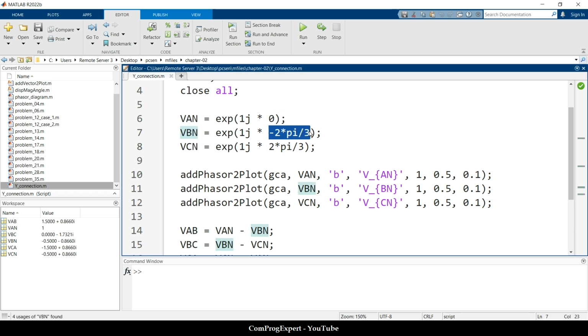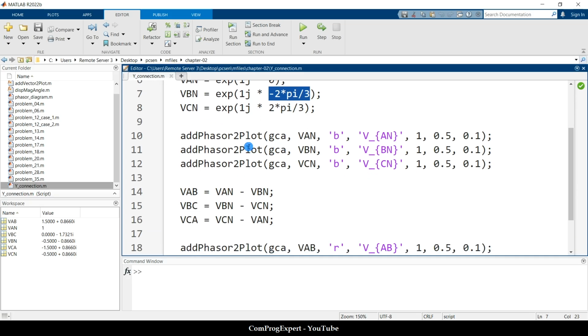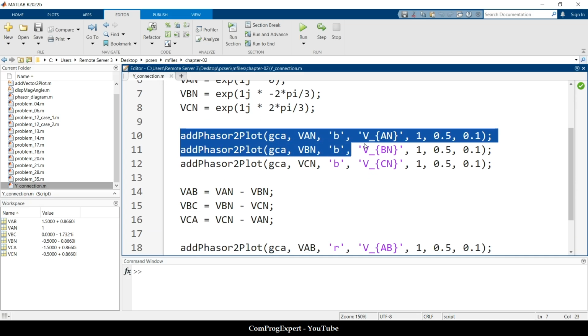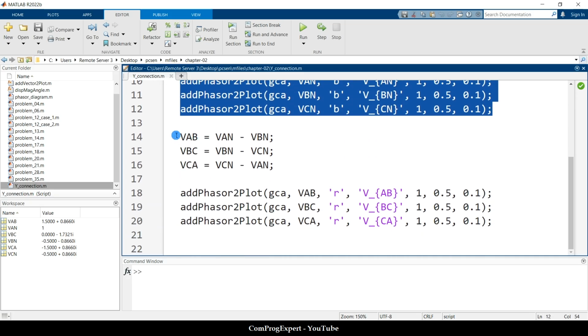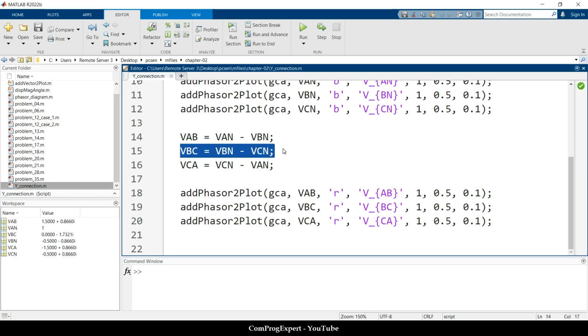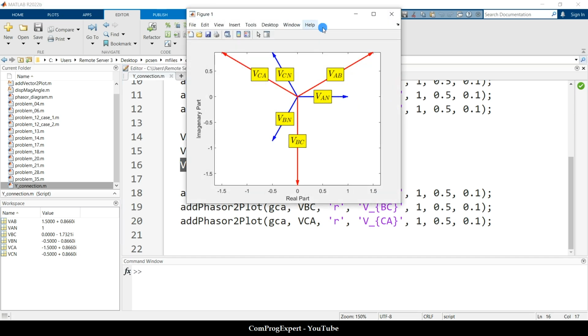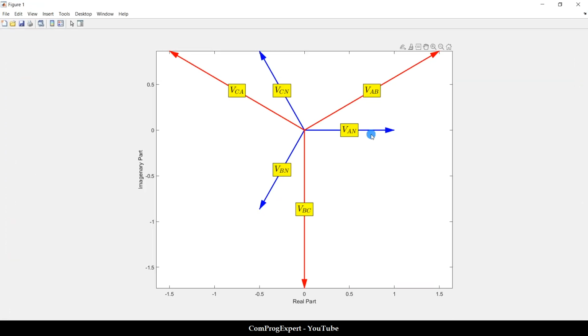VBN, the angle is negative 2 times pi divided by 3. And this is VCN. Here I just add these phasors to plot. And I also calculated VAB, VBC, and VCA. So here you can see these three bright phasors for the phase quantities and these three red phasors for line-to-line quantities. What is the angle of the VAB?